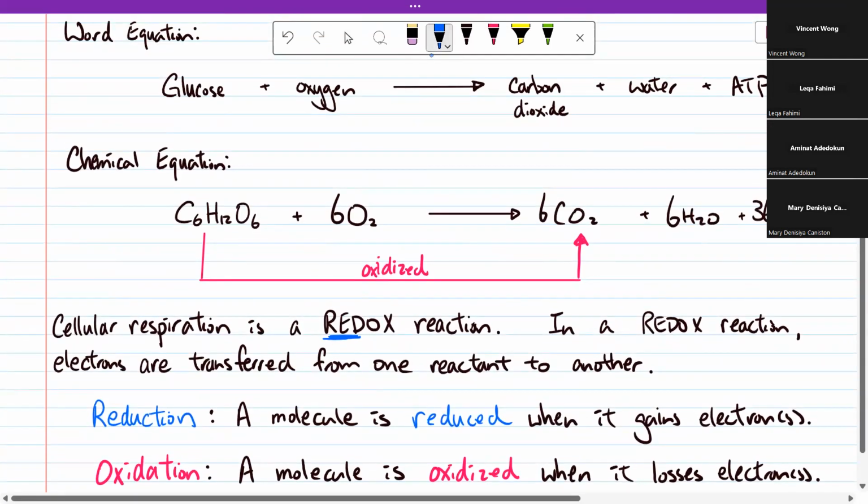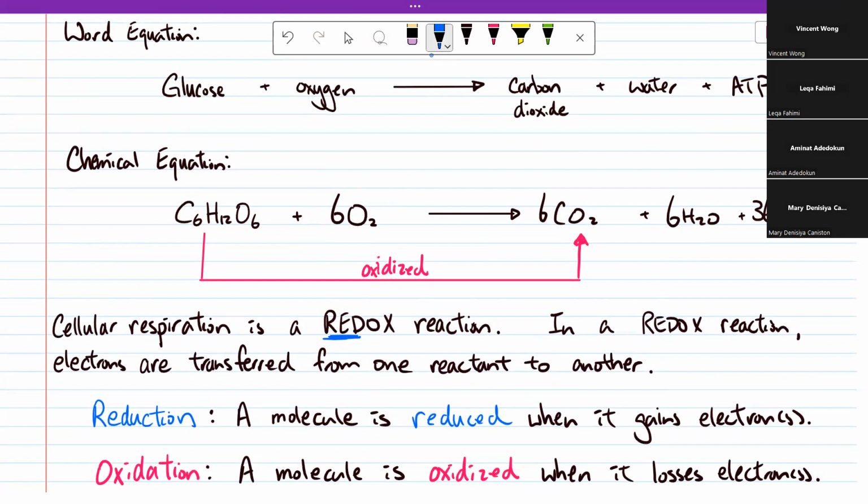And eventually, those electrons are going to be picked up by oxygen. So the oxygen will gain the electrons and it will become water. So this is reduced. So the electrons are going to basically transfer from glucose to oxygen.